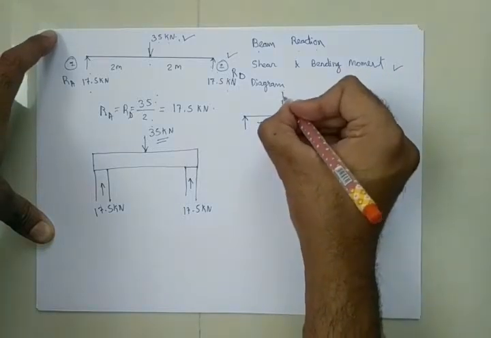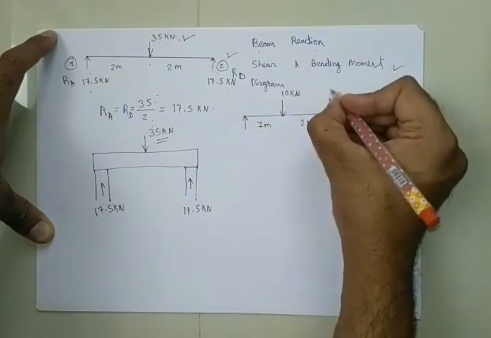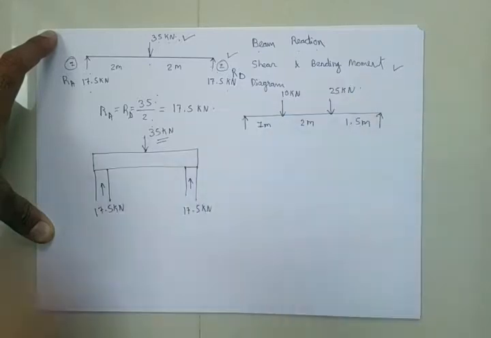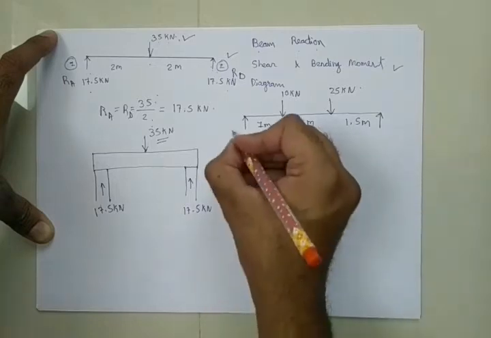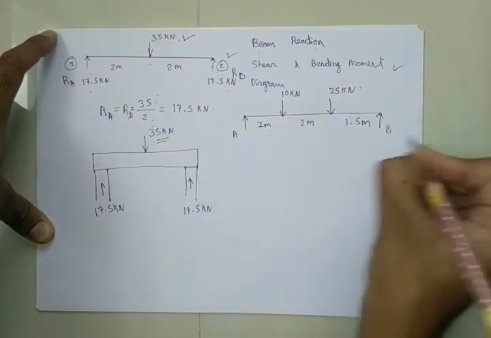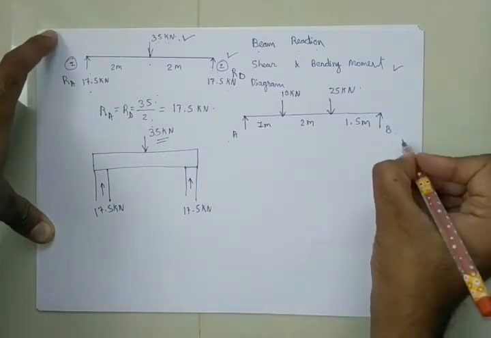This load is of 10 kilonewton and this other load is of 25 kilonewton. Now what you have to do is find the reactions. Let me say this is point A and this is point B. So you need to find the reaction at point A and at point B.